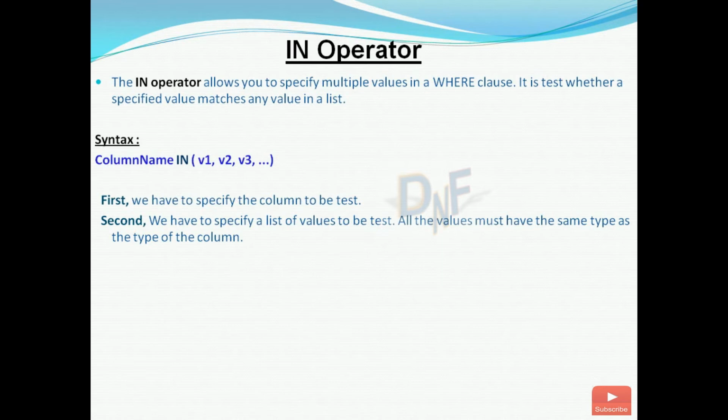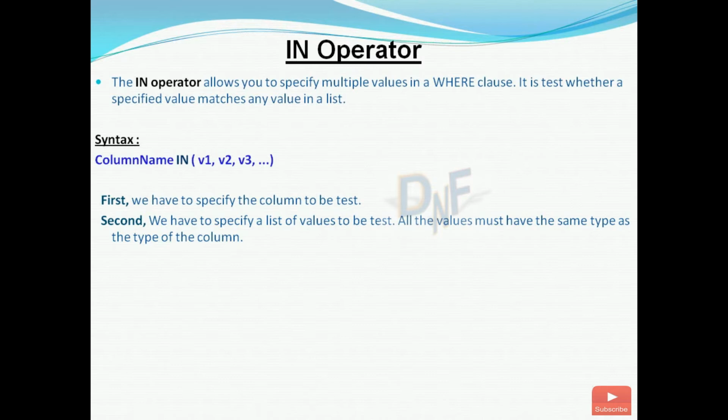First we have to specify the column name to be tested, and second we specify the list of values to be tested, and all the values must have the same type as the type of the column. It means, for example, if the column is a string and you put an integer value in the IN operator, then it will return an error.